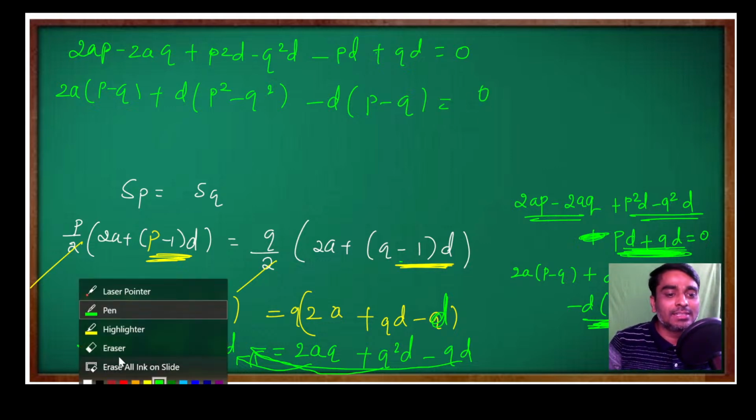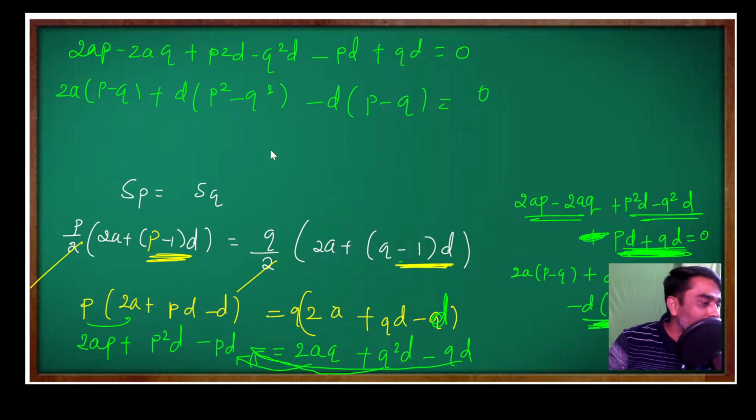Yes. So 2a plus p plus q, hence n by 2 times 0. Correct.